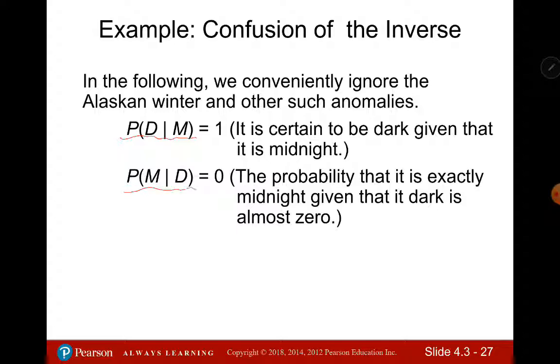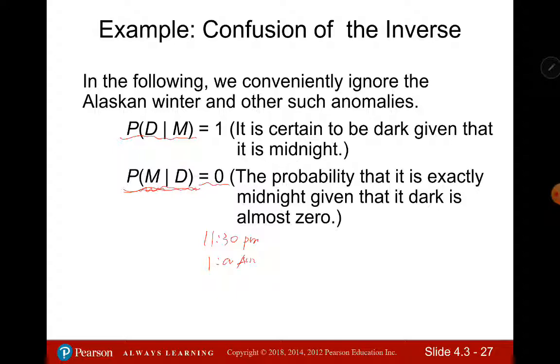But let's check if we change the condition. This time, dark outside is our condition. So we already know it's dark outside. But it's hard to say the time. It can be any time, something like 11:30 p.m. It can be 1 a.m. So it's not exactly midnight.